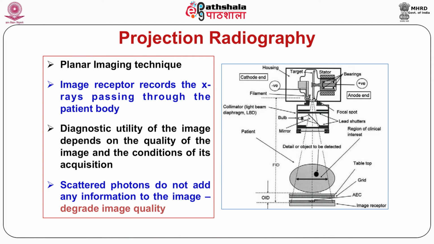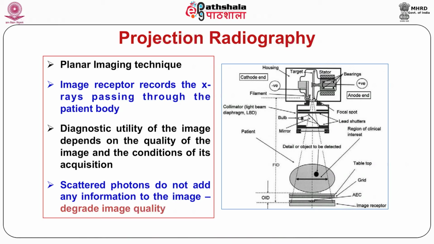feasibility. The scattered photons violate the basic geometric premise that photons travel in straight lines and hence they do not add any information to the image, rather contribute to degrading the image quality. Some of the scattered photons leave the body in the same general direction as the primary beam and expose the image recorder and reduce image contrast.